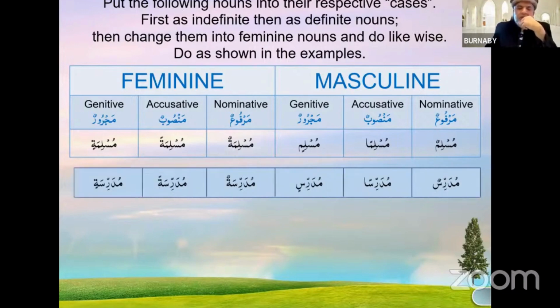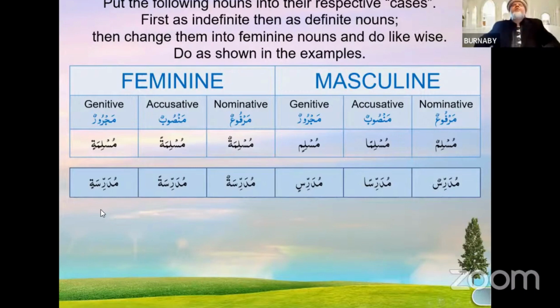Mudarrisatin. Okay. So if you see in a sentence Mudarrisatin, what function will this noun be playing in there? Majroor. Okay, but what does that mean? I'm not sure if I understand this correctly.